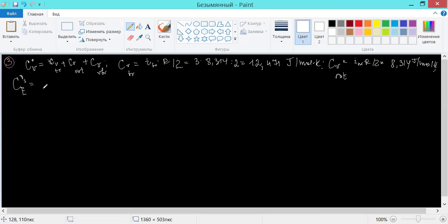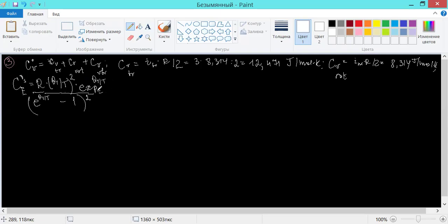It's equal to R times F1 divided by 2 by T squared times exponent raised to F1 divided by 2 by T, and divided by e raised to F1 divided by T minus 1 squared.